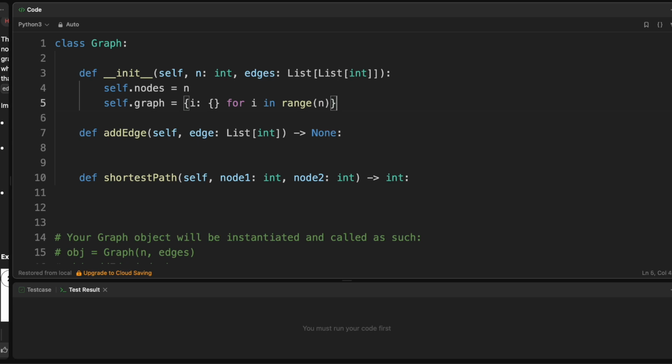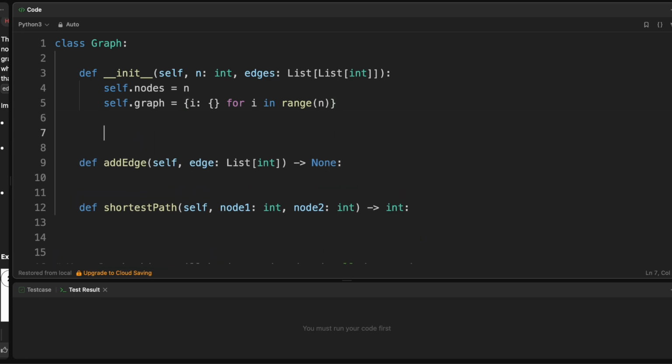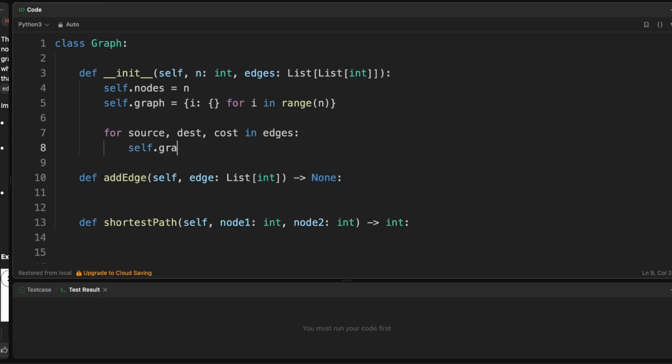So that's it. Now let's populate the graph with the edges and the cost. We're going to have source, destination, and cost in edges, and self.graph of source and destination is going to be the cost. And that's it for the init part.